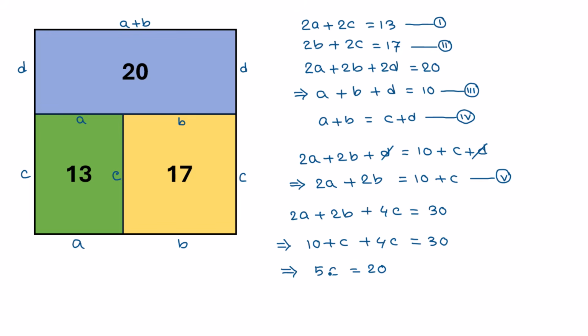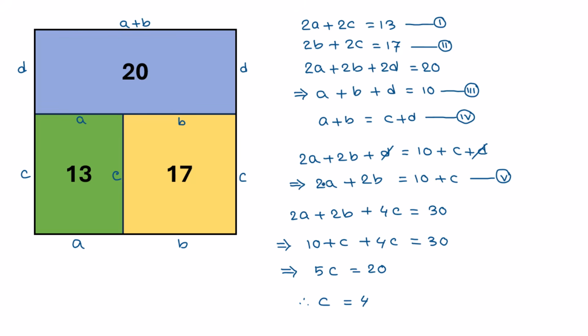Now dividing both sides by 5, we get the value of C is equal to 20 divided by 5, which is 4. So we found the value of C is equal to 4. Now substitute this value of C in equation 5.